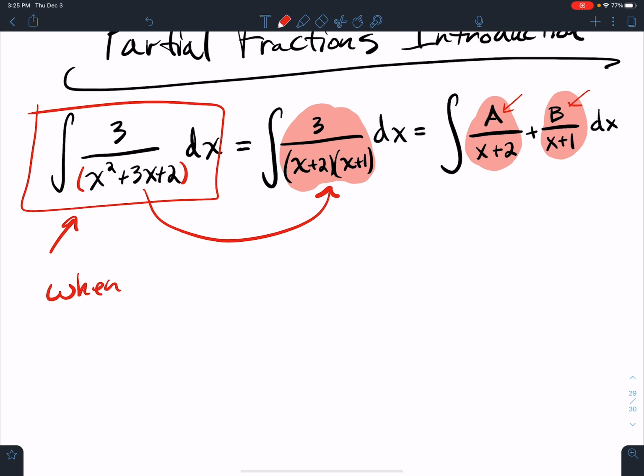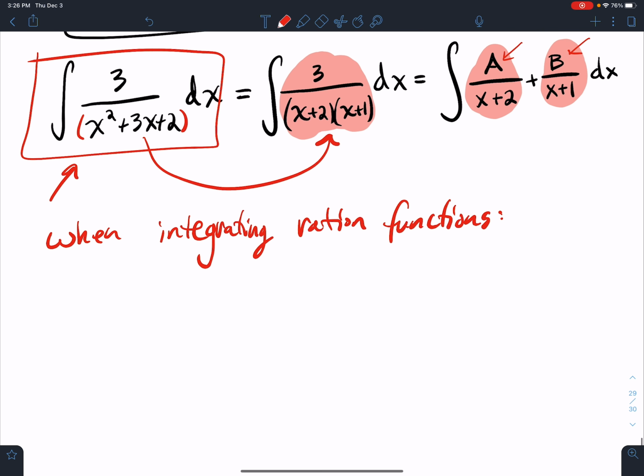When we're integrating rational functions, we've got a couple of options.